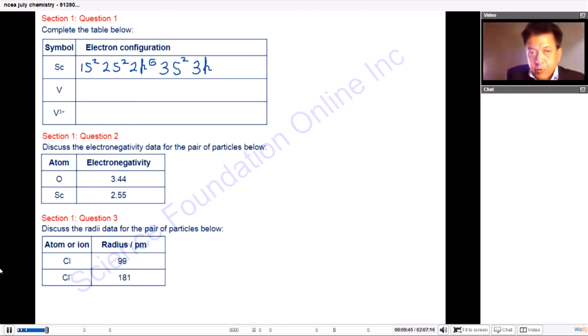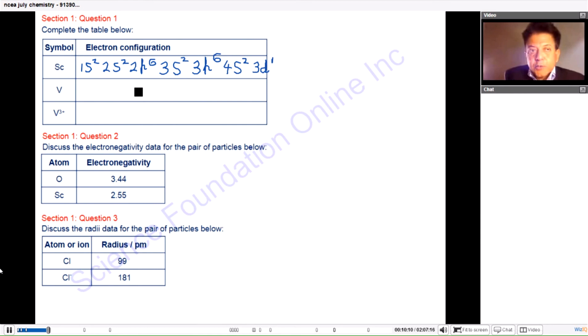Now that's when we've got to the argon configuration. Thereafter we have a 4s2 and a 3d1. So that's the electron configuration of scandium.